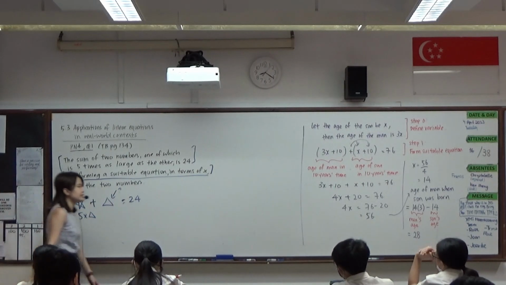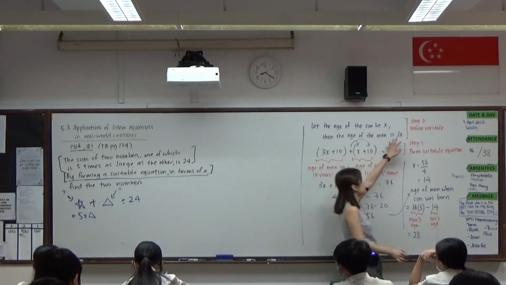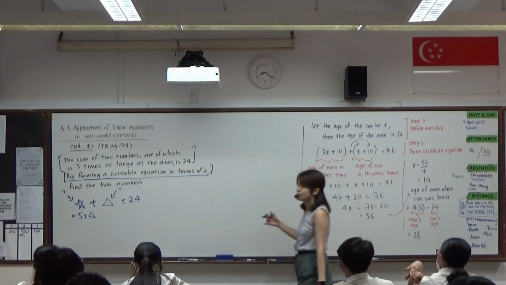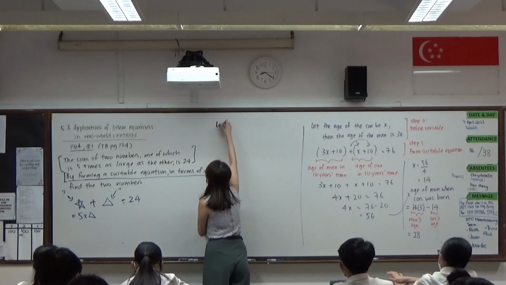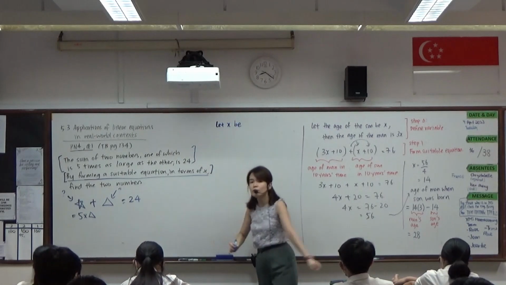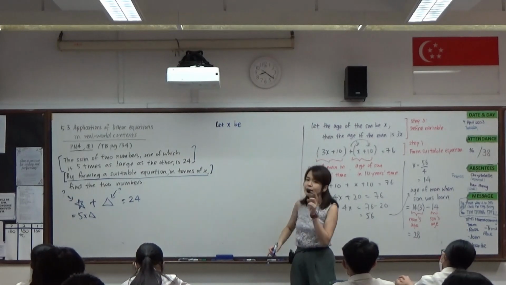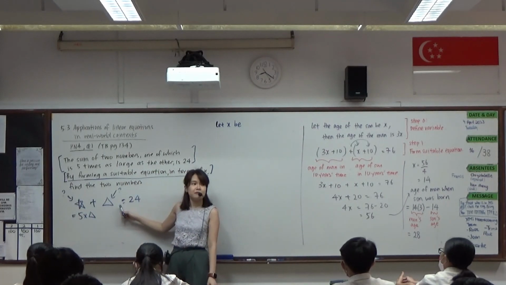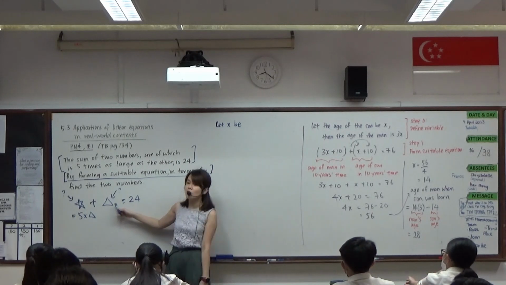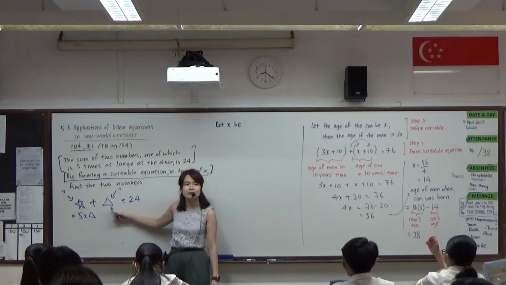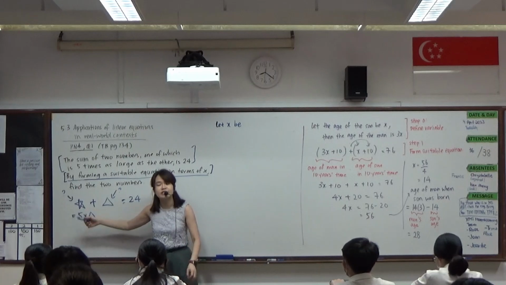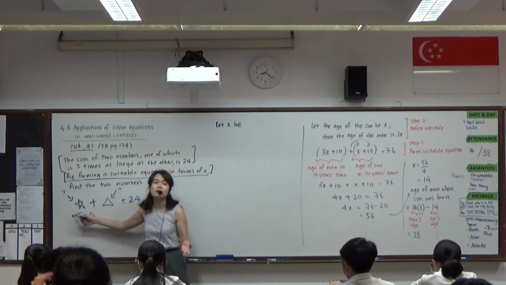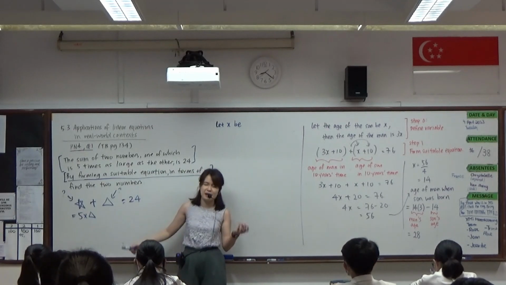Following the steps that I have written over here, the first step, define a variable. This question did not say what x is, so we define it. So let x be, what will you choose? x can be either one of the numbers. I would prefer to let x be the smaller one, because if I let x be the smaller one, the bigger one will just be times 5. If you let x be the bigger one, then for the other one you have to divide by 5.